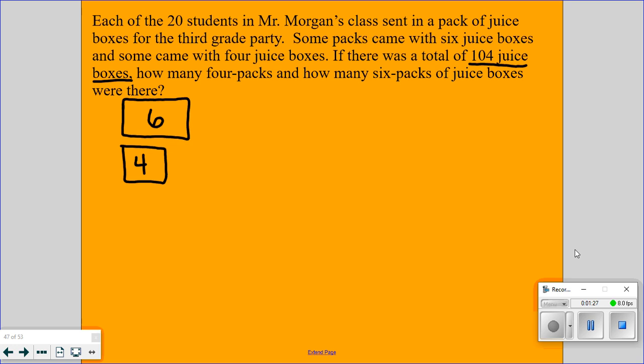Yes, we know that 104 juice boxes in total showed up to the classroom. Evelyn? We also know that it has to be a 6-pack or a 4-pack of juice boxes. Yep, we're not bringing in just individual juice boxes. We're not bringing in like the mega crates of 30 juice boxes. They're either coming in packs of 6 or packs of 4.